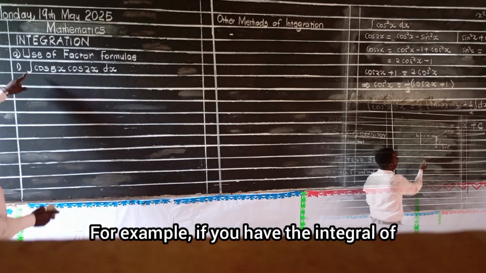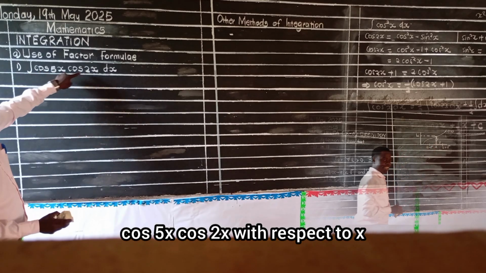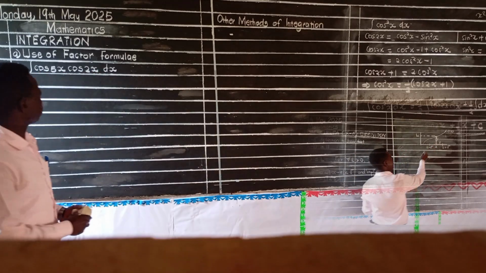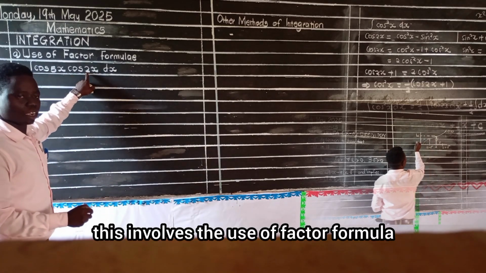For example, if you have the integral of cos 5x cos 2x with respect to x, this involves the use of factor formula.